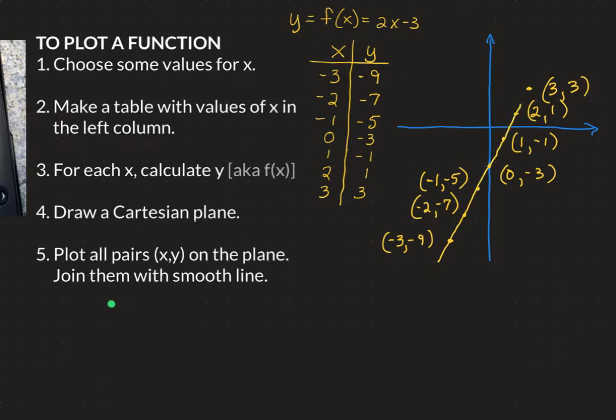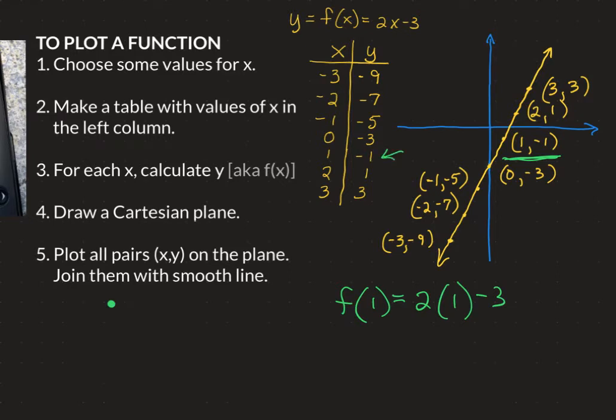Because every point on that line between those integers also is a solution for that function. And that means that if you put one of these coordinate pairs into the function, so that you're getting the function of 1, that should equal whatever the y value or the f of x value is.